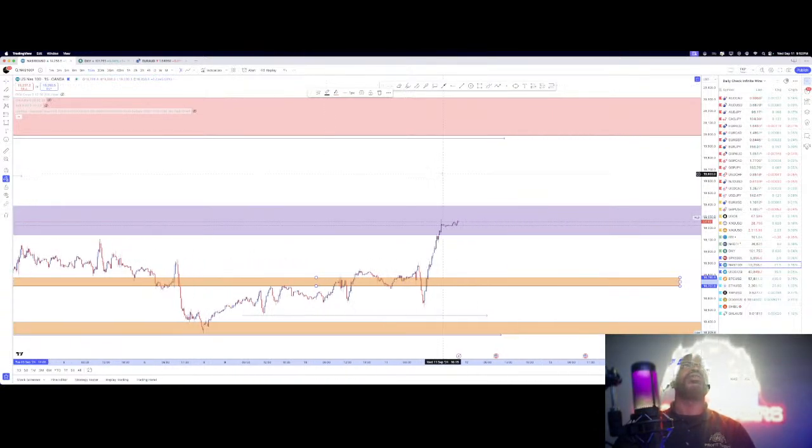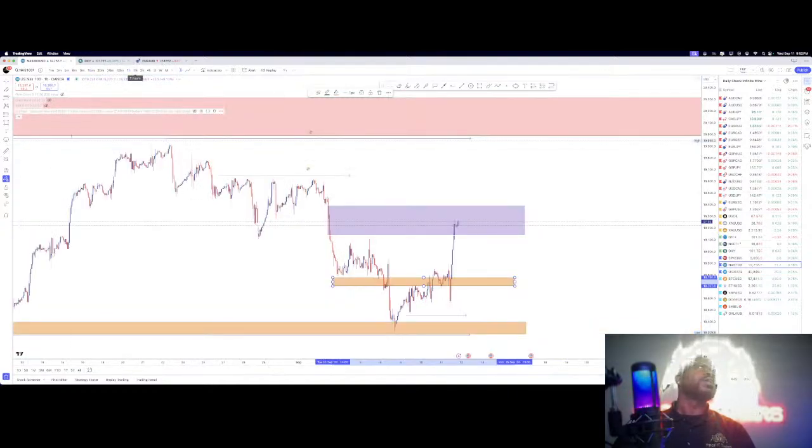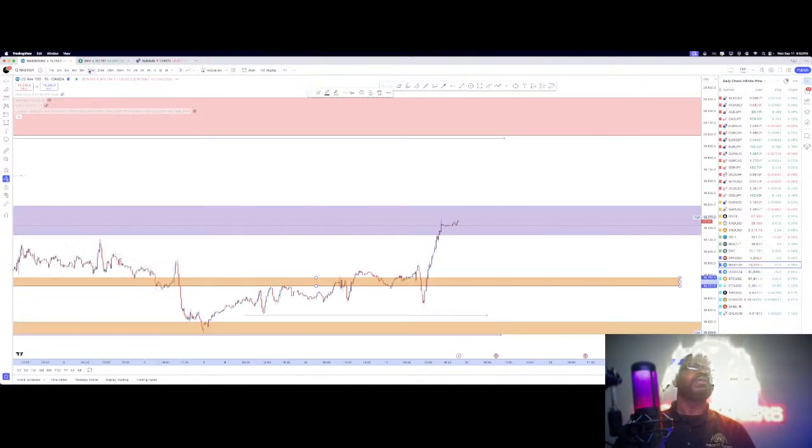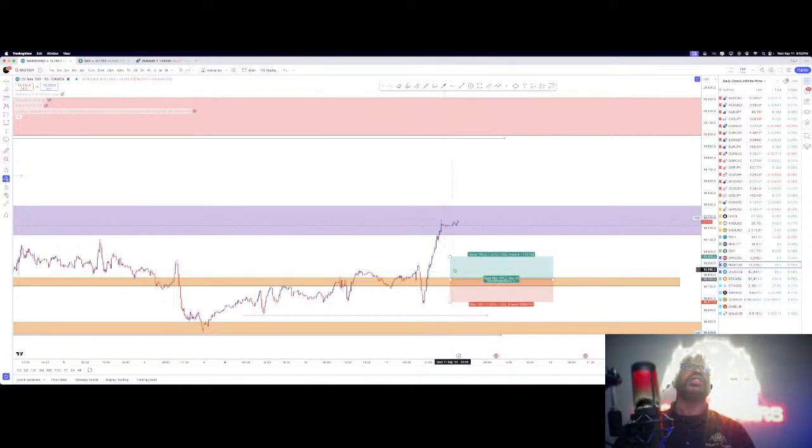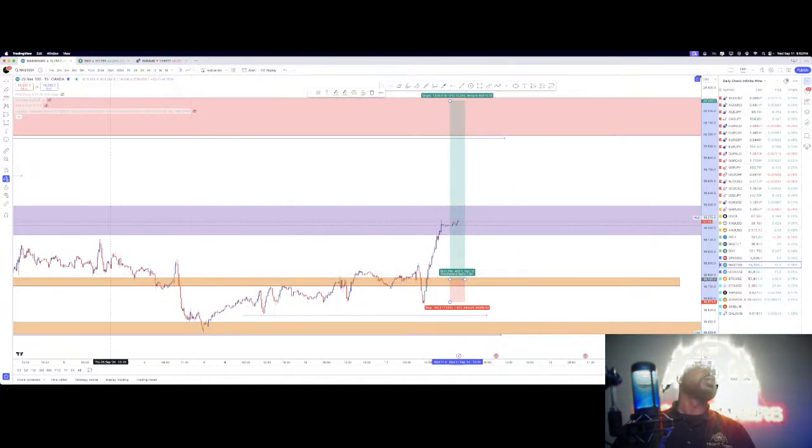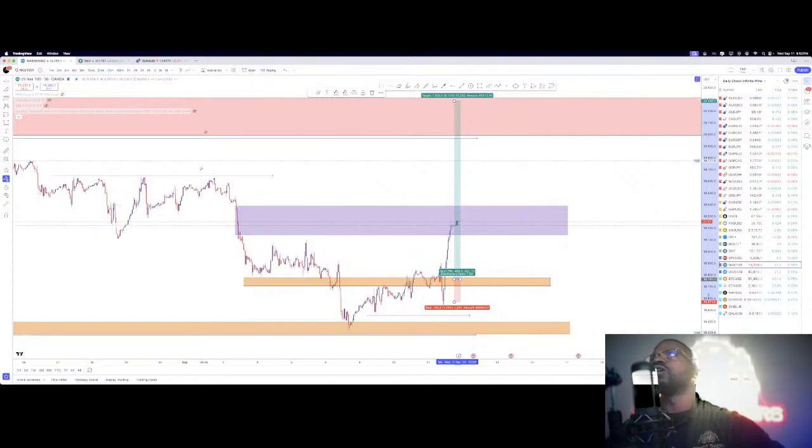Let's test this theory. So we'll take this 1 to 7 on NAS 100. Let me go ahead and place this trade setup.